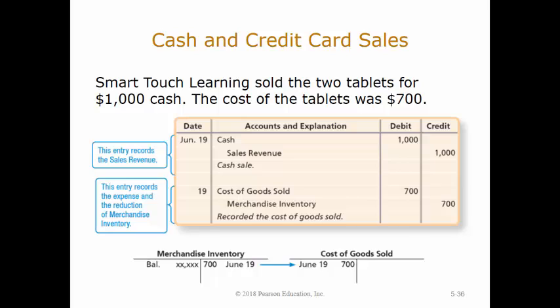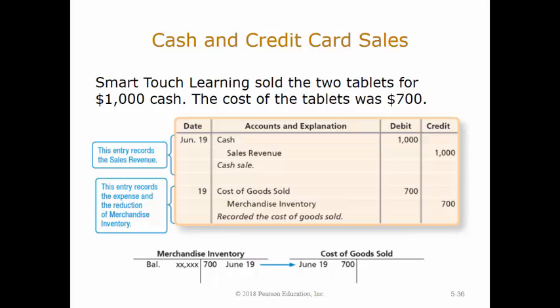A second journal entry must also be made to record the expense and decrease the merchandise inventory balance. Suppose these goods sold by Smart Touch Learning cost $700. The second journal entry would transfer the $700 from the merchandise inventory account to the cost of goods sold account.